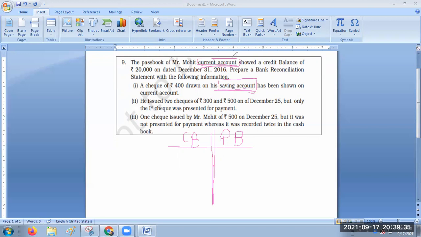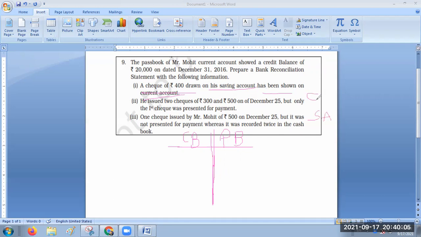Now you see. A check of 400 drawn on his savings account has been shown on current account. So are you finding out savings account balance or current account balance?